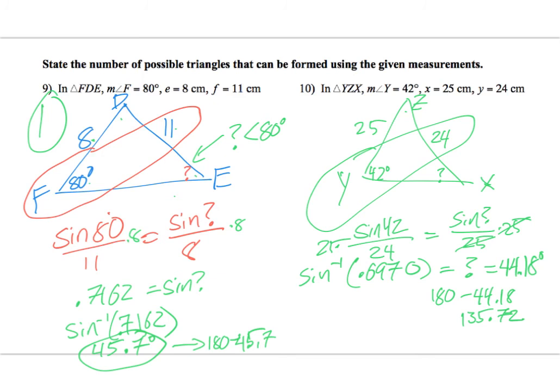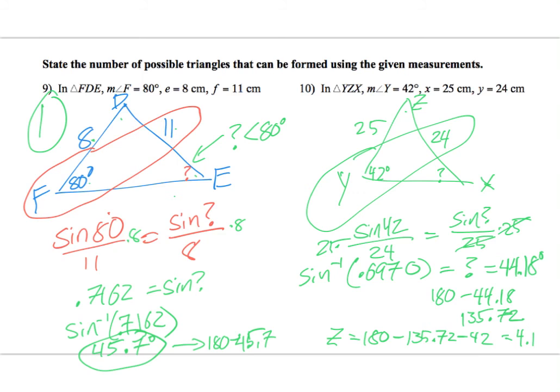That means our third angle, z, would have to be 180 minus 135.72 minus 42. And that works. That's going to come out to be a really small number, like 4 degrees. In fact, I think it's 4.18.